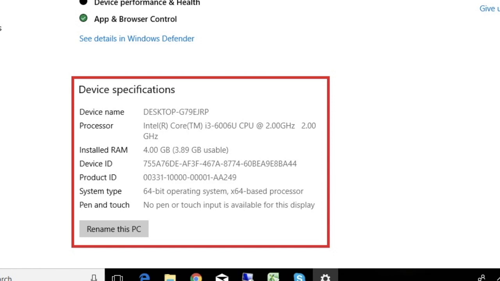Intel Core R. R means it's a registered core. Core is a trademark of Intel. So that's why you see Core TM. i3. When Intel were done with Pentiums, they started rating cores and putting numbers.